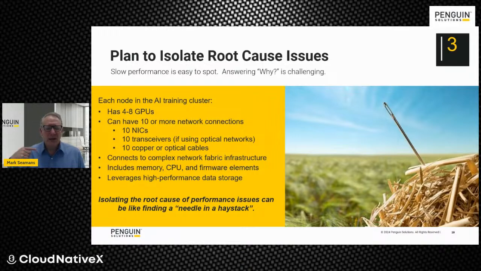And when you add network fabric infrastructure, memory, CPUs, firmware elements, and the connections to the very high performance storage that's required, it's a lot of pieces.